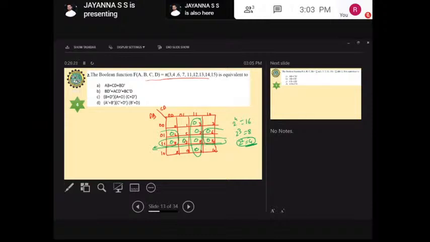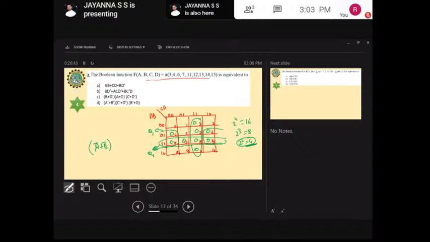For that, I am going to write this first one as A bar plus B bar, since there is 1 here. A bar plus B bar is the expression for this one, which I call Q1. Coming to Q2, you can see that these 2 are common.